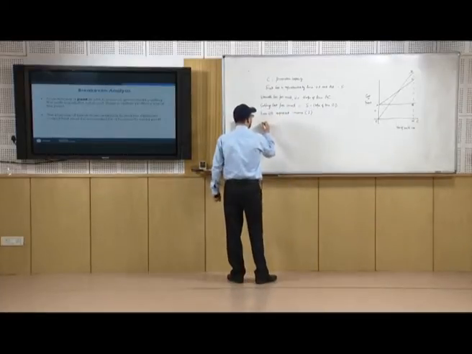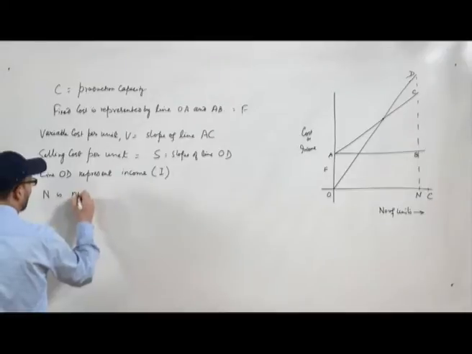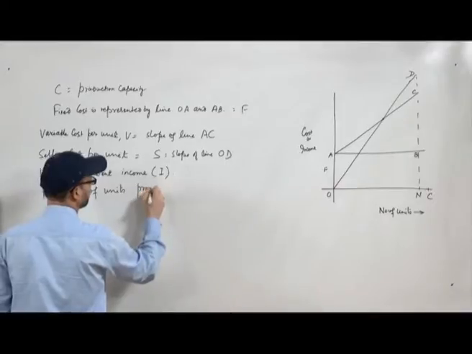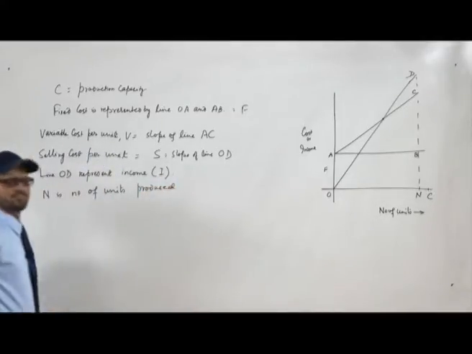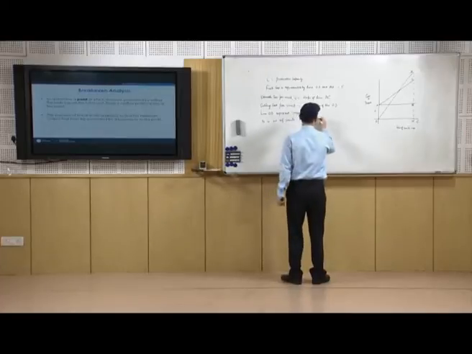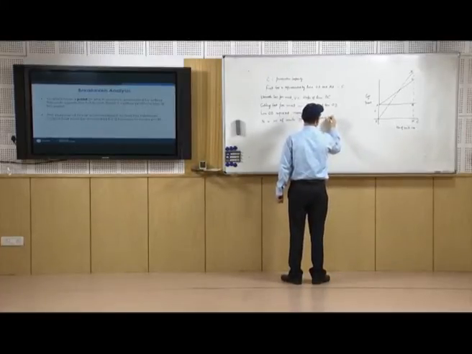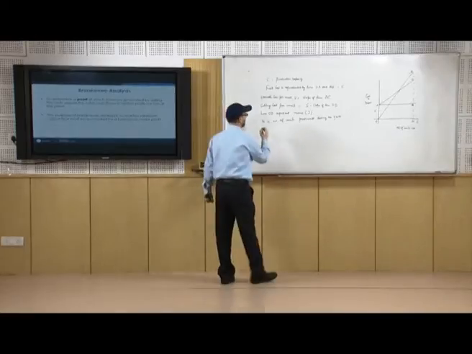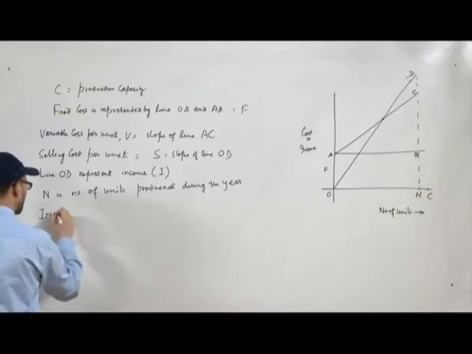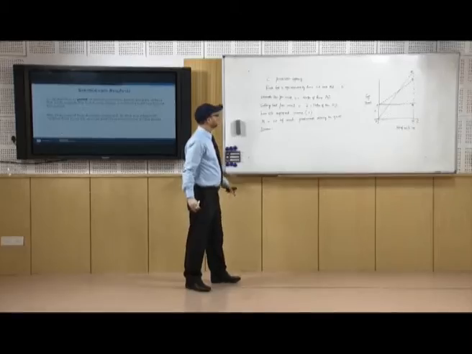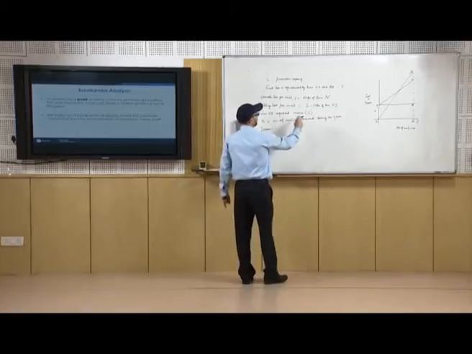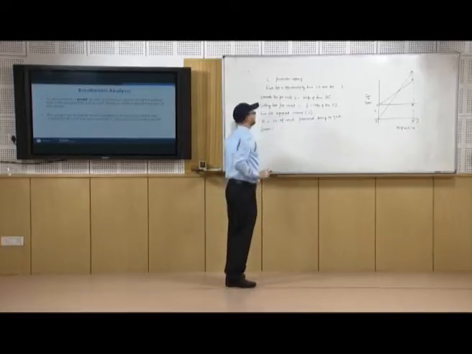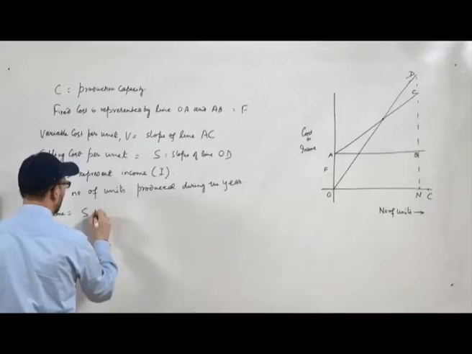So, if N is the number of units produced during the year, now income will be nothing but the selling cost per unit multiplied by the number of units produced. So, it will be S times N.